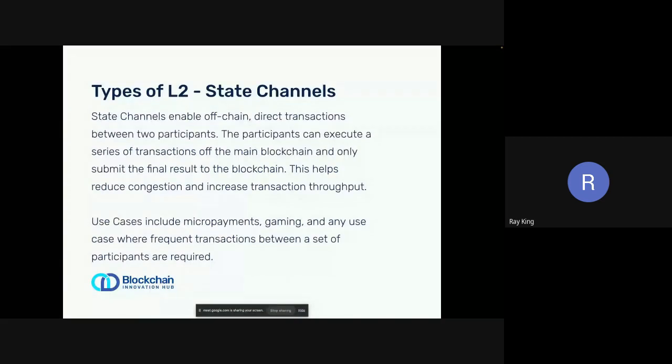Now, what state channels do is, for the popular blockchains that we have, for example, Bitcoin and Ethereum, there's a limit. The transaction throughput is actually low. The number of transactions they can handle per second is low compared to our traditional Web2. For example, I think Visa can handle about 100,000 transactions per second. Is it per second or per minute? But when we come to our layer 1 solutions, such as Ethereum and Bitcoin, it is not even close to that number. I think Bitcoin can handle about 7 or 14 transactions per second.